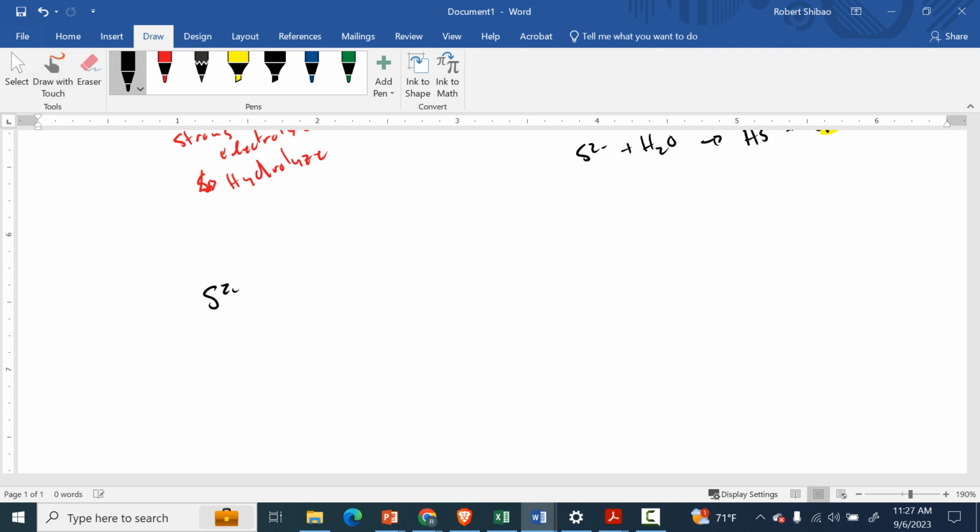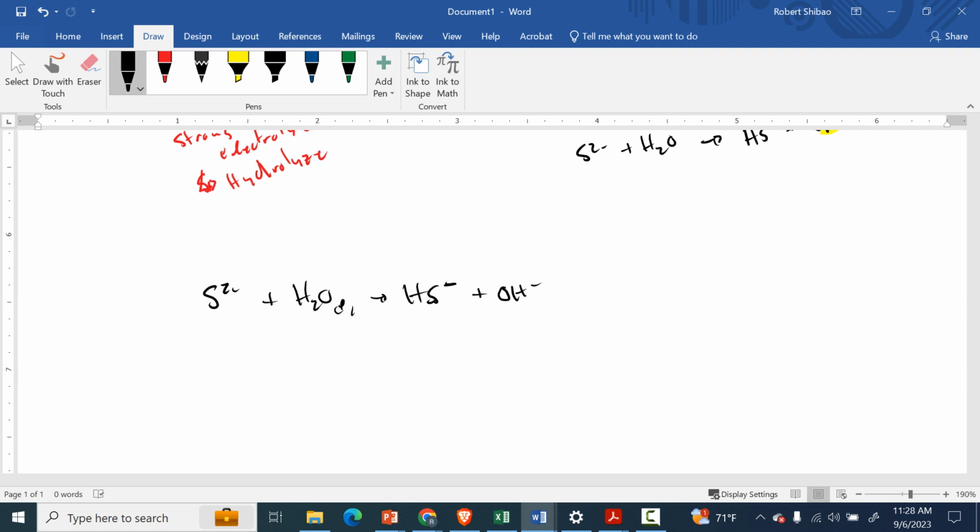So the first reaction that I see is going to be a very favorable reaction. Strong base hydrolyzes water completely to form bisulfide. What's the charge on bisulfide? It's -1. H is +1, sulfide's -2, and hydroxide.